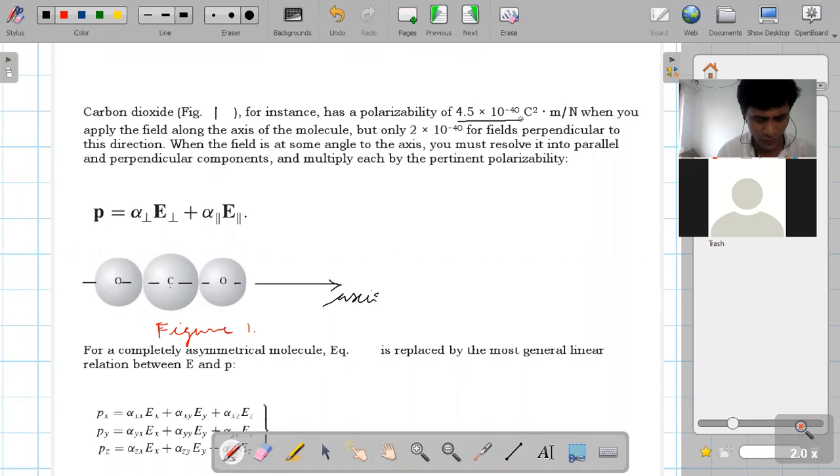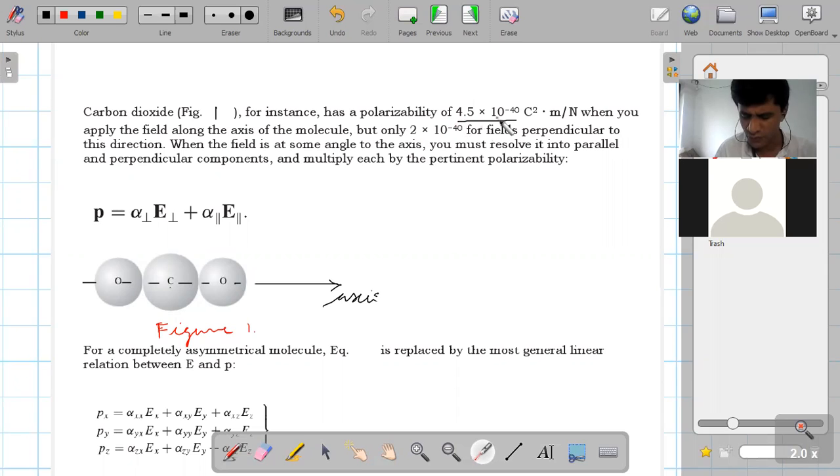When you apply an electric field along the axis, only this part, that is 2 into 10 raised to minus 40, is perpendicular to this direction.